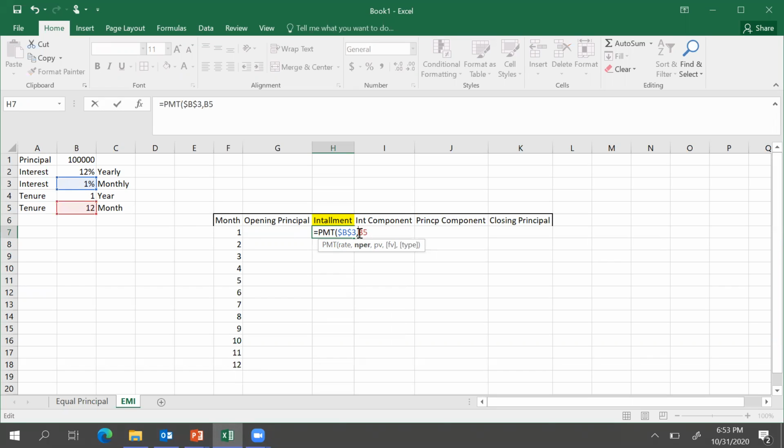So we'll fix this also. And the loan that is being repaid is how much? 100,000. And we have taken this minus sign because it's an outflow for the bank. The installment will be an inflow for the bank.